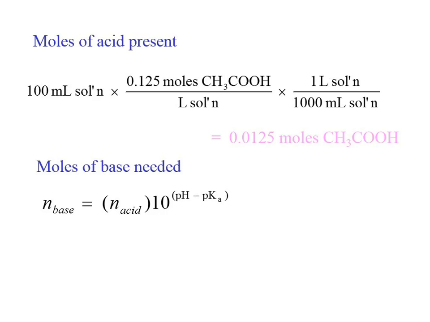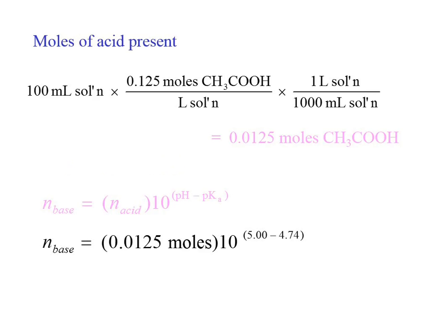So the moles of base are equal to the moles of the acid, which we just got, times 10 raised to the pH minus pKa. So in our particular problem, the acetic acid sodium acetate buffer, it looks like this.